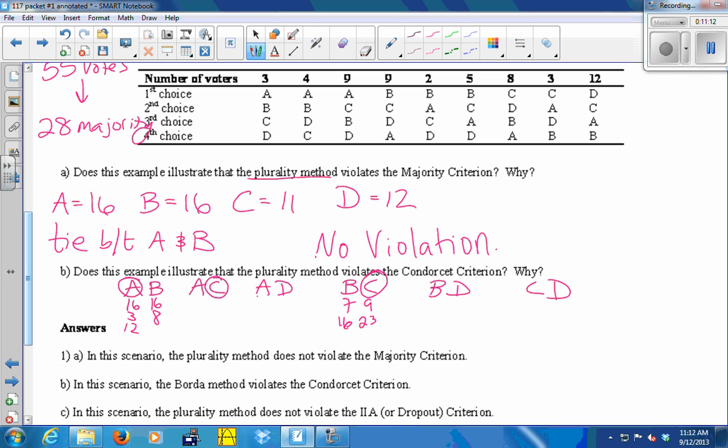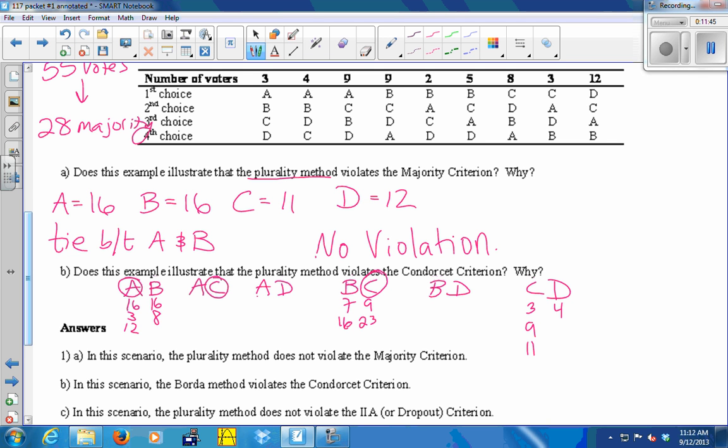So C has now won 2 of its head-to-head matchups, right? So we're going to check its third one and see if it's undefeated. C versus D. All right, so let's see. This first column goes to C. They get 3. Next column goes to D because D is ranked above C, so they get 4. And then the third column goes to C. So does the 4th and 5th, so that's 11 more.